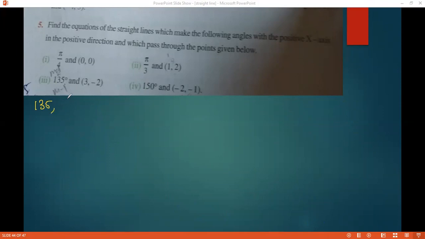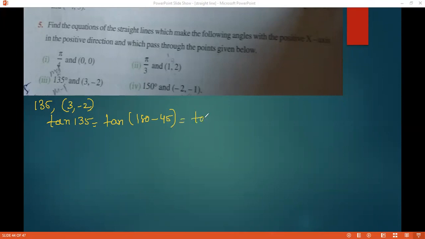135 and 3 comma minus 2. Let us observe this. 135. For 135, we have to calculate tan 135, right? So what is tan 135? Can we write this as tan of 180 minus 45? 180 minus 45, that is 135.